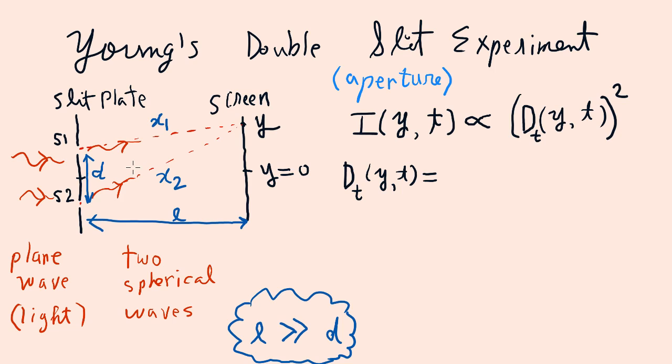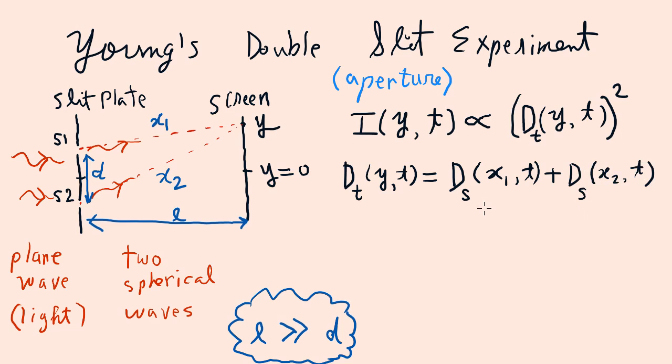The point is that those two spherical waves are very similar to one another. Let's say spherical wave d_s(x1,t), and then the second one, d_s(x2,t).